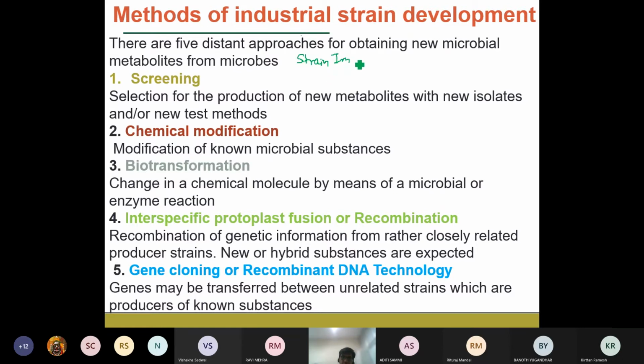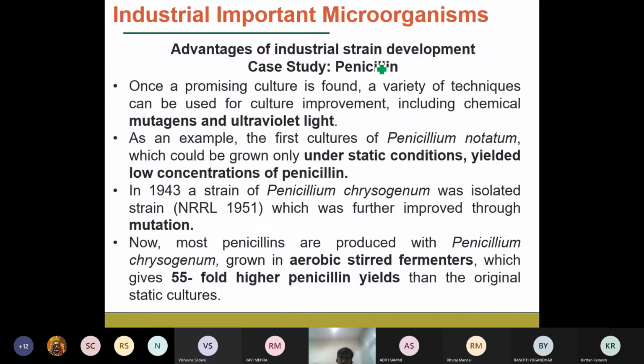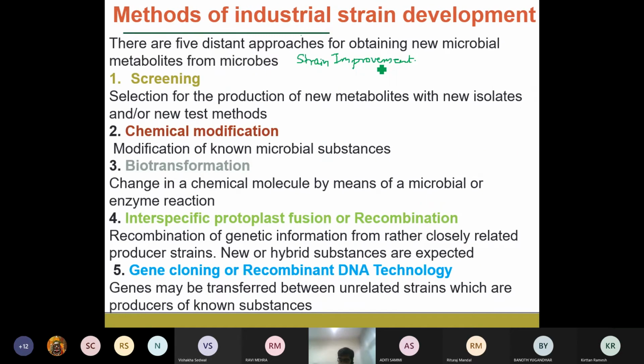So we look into what are the very basic steps that are there for the strain improvement, and we'll look into the details of it. So if you see the strain improvement, there are 5 steps, which are, first of all, the screening. So the screening means the selection of your microorganisms or the isolates which can produce new particular metabolites.